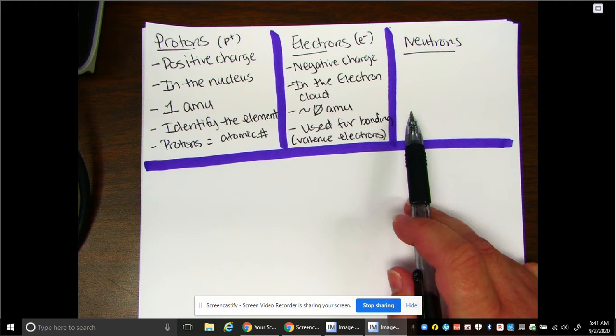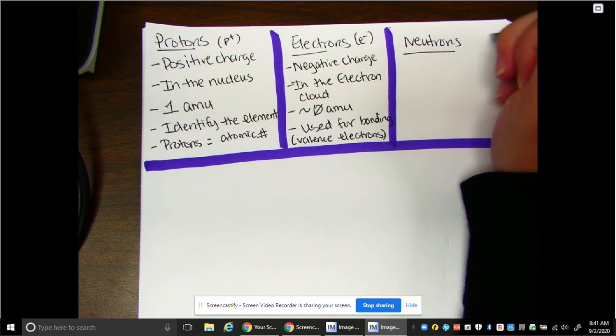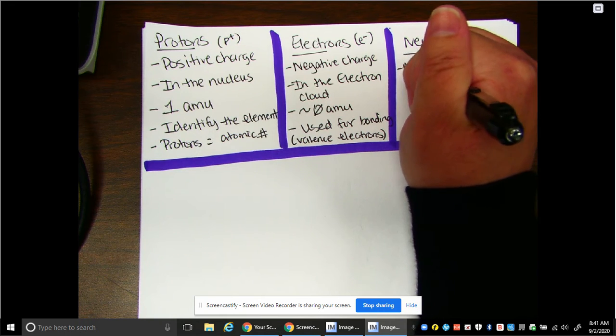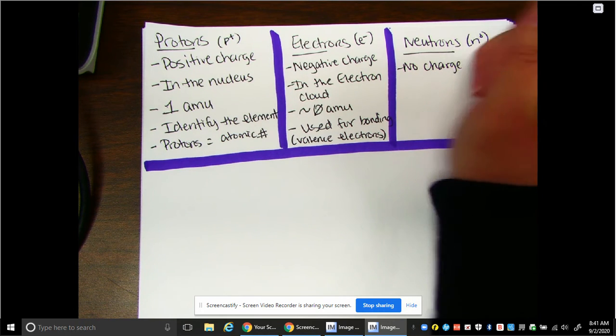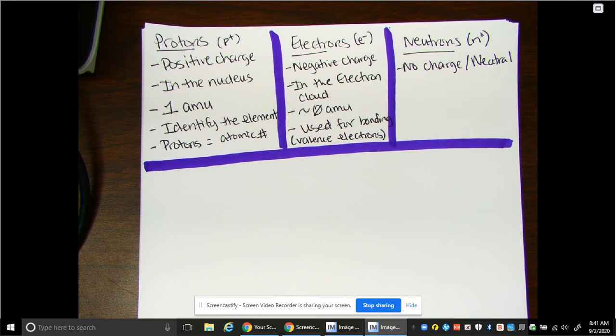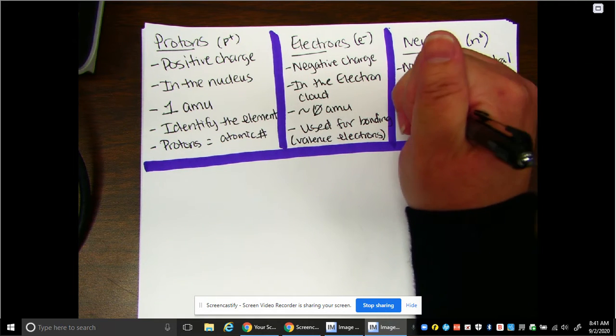Your neutrons have no charge, represented by an N with a 0. Sometimes they're called neutral. I like to say no charge so that we're very clear on them. They're also in the nucleus along with the protons.